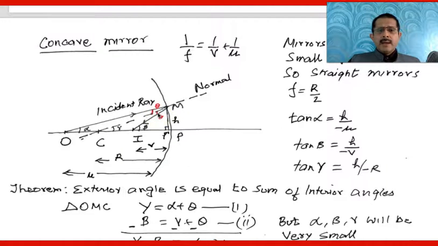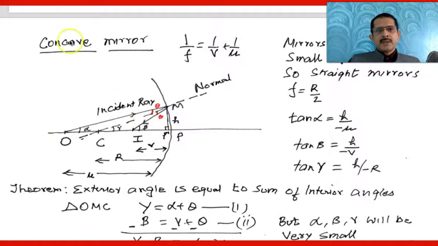That is one ray, and for formation of an image, as you know, we need at least two rays. The object is here. Now let's see the second ray, which would come straight.